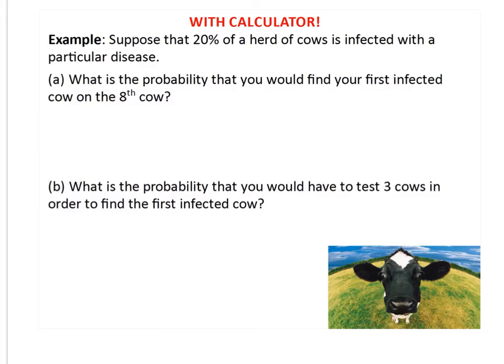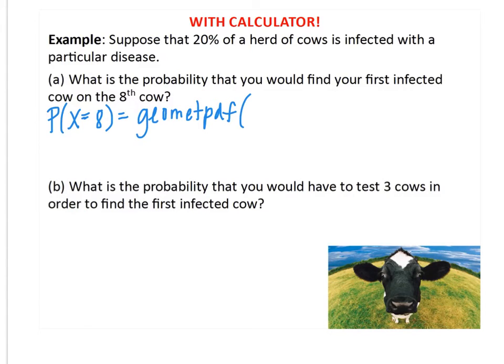So if we do these 2 examples again with the calculator steps, like we would using the calculator, it says what is the probability you find your first infected cow on the 8th cow? You would need to write the probability X equals 8 equals, well, since it's an equal sign, this is geometpdf.